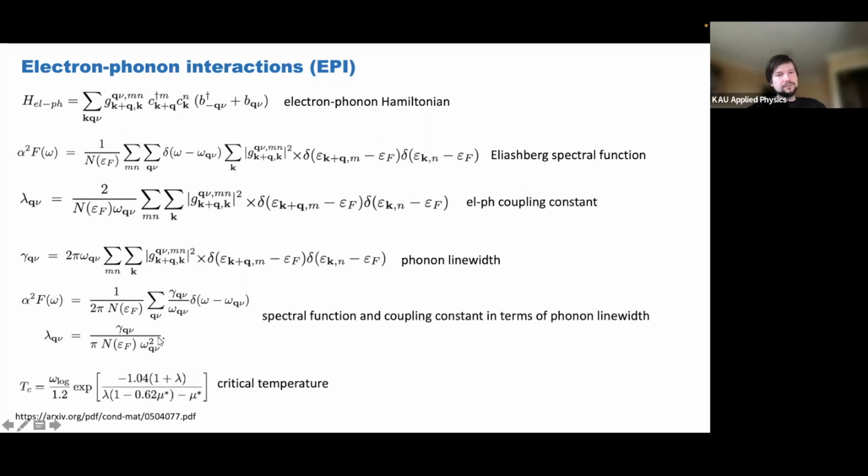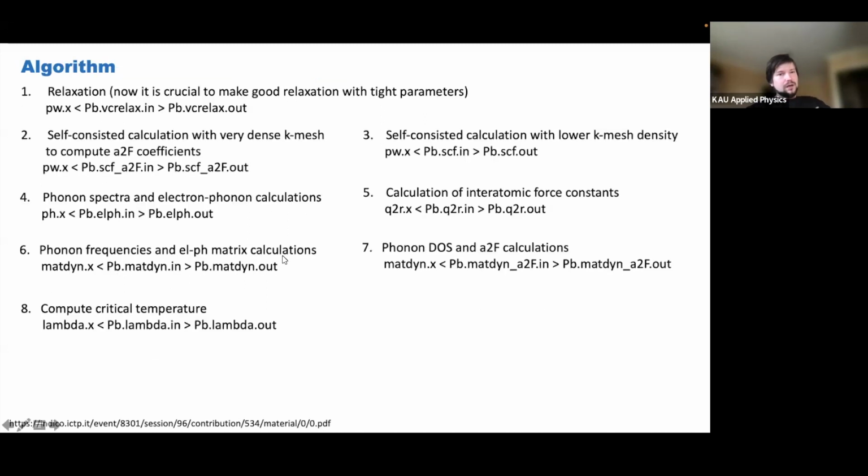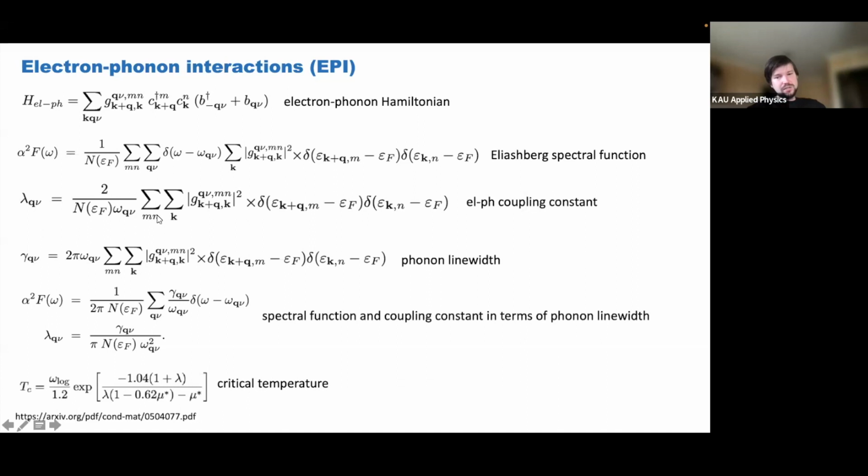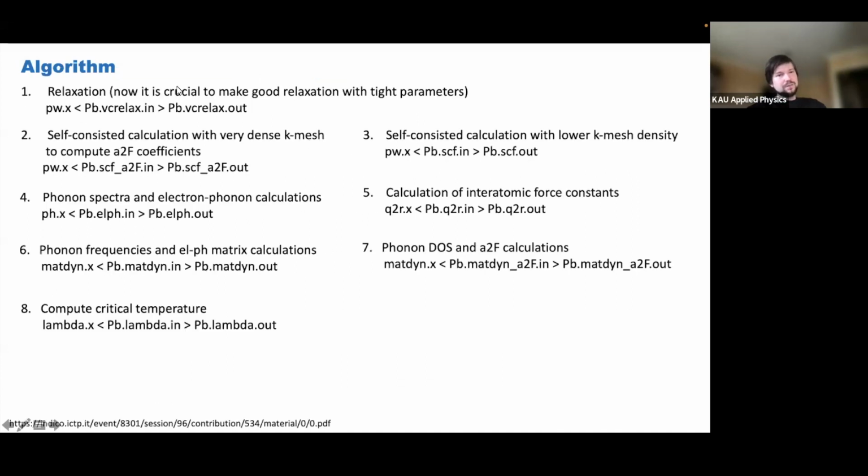Then, how it will be implemented in our algorithm. So each step is in the algorithm. First step is relaxation by default. Then we have to make two sets of self-consistent calculations. We made only one set before, but here we have to make two sets.